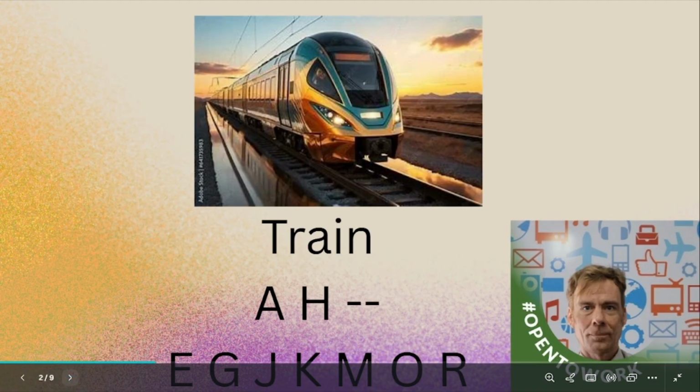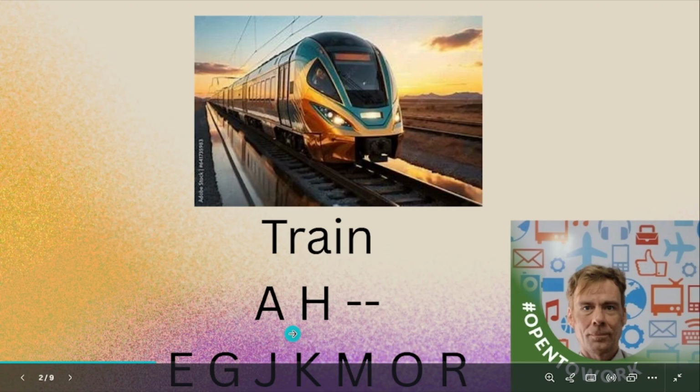So the first phonetic sound we're going to learn here is what I call the train sound, and that is pronounced A, just like the letter H. There are four letters in the alphabet that are pronounced with this sound. One is obviously the letter A, train.